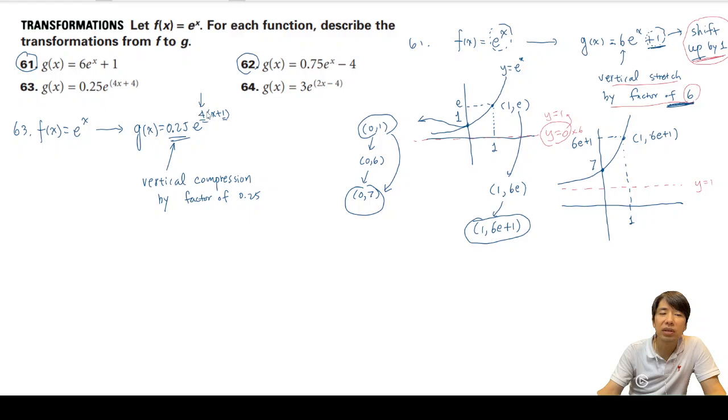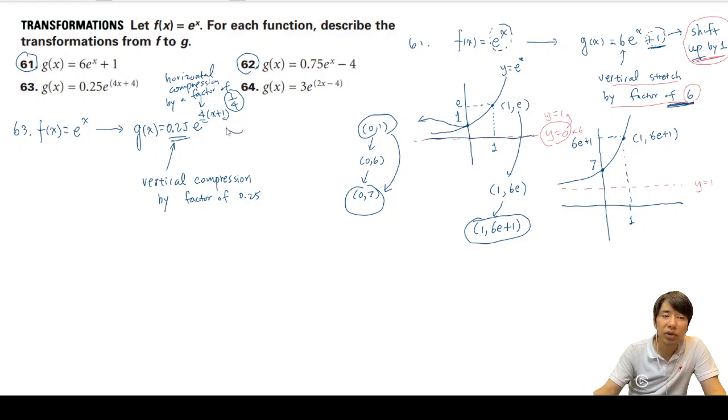If this number is greater than 1, it's not stretch, but it means what? Compression, okay? So this number represents horizontal compression by a factor of, not 4, but its reciprocal, 1 over 4. So you have to always take the reciprocal of any number that appears in front of x. If you take a reciprocal, it becomes a number that is less than 1. So that represents compression, okay?